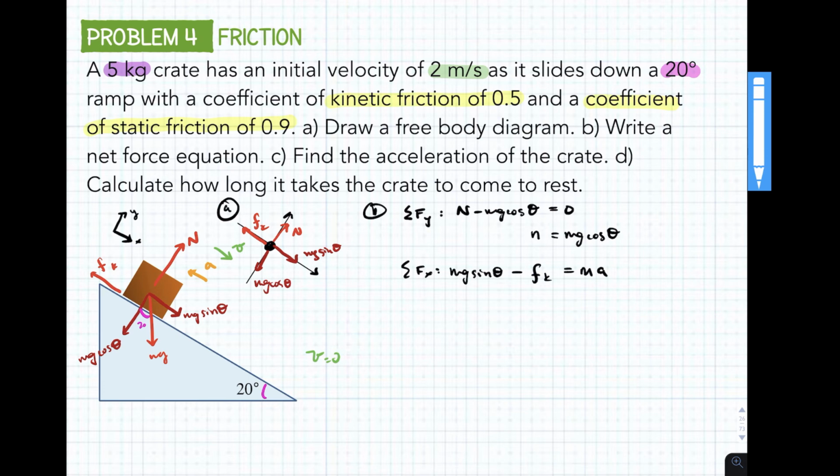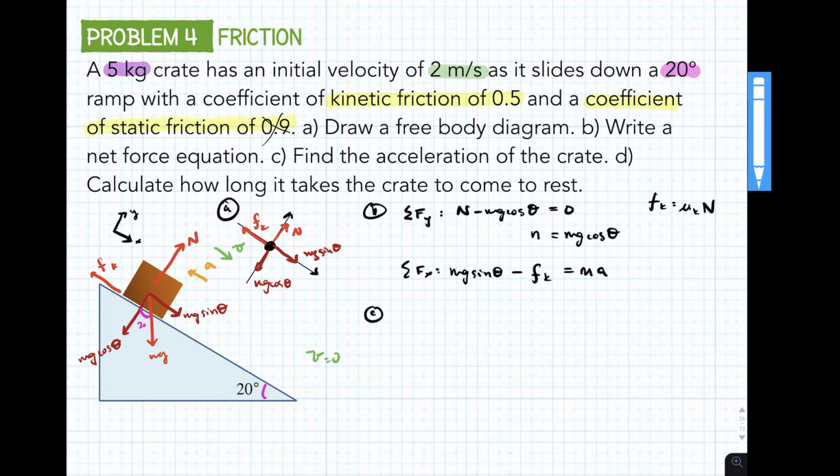Okay. The only other thing we need to know is that the coefficient of kinetic friction times normal force gives us the kinetic friction. So we don't need the static friction coefficient. We only need the kinetic friction coefficient. Okay. So solving for this, we drew the net force equations.